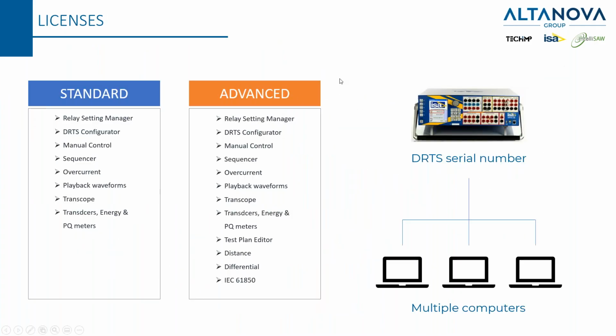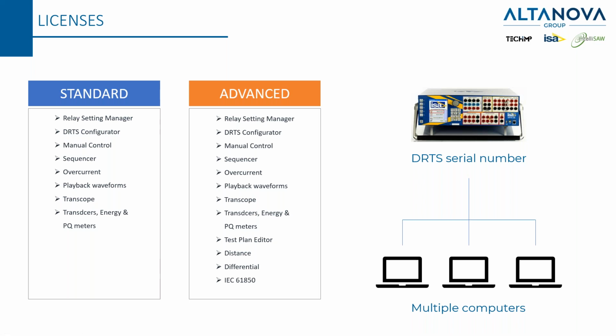There are two types of license, the standard and the advanced. The advanced corresponds to the complete platform, so all the software modules will be inside. And if you buy the DRTS and you decide to pay for the full price, then you get the full software platform. This will not add to the cost.